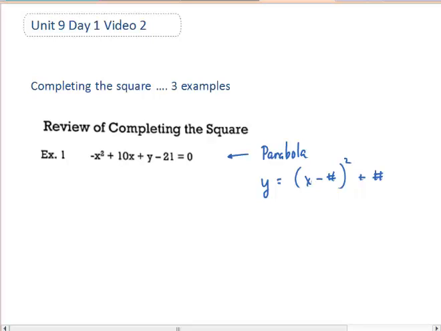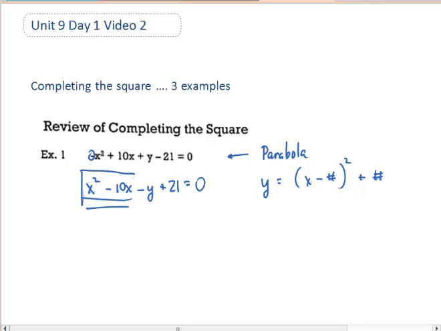So the first thing we need to do is we need to have a positive coefficient. So I'm going to change every term by dividing by -1. I'm going to have x squared minus 10x minus y plus 21 equals 0. I'm going to collect all of the terms that will help me make a square term.